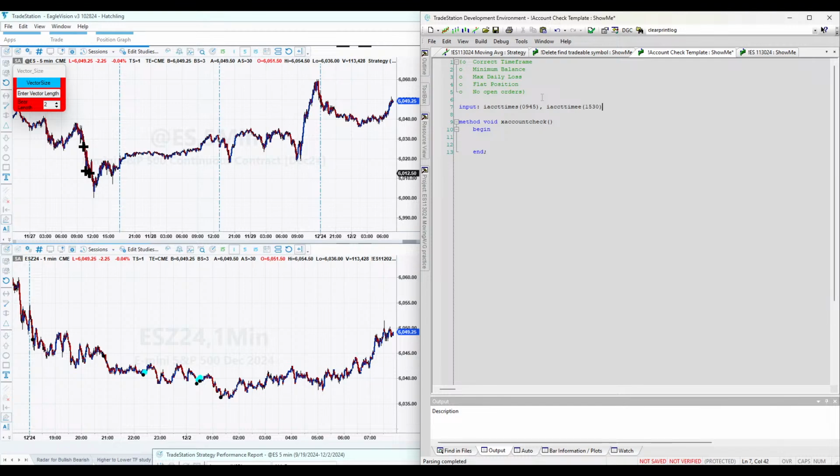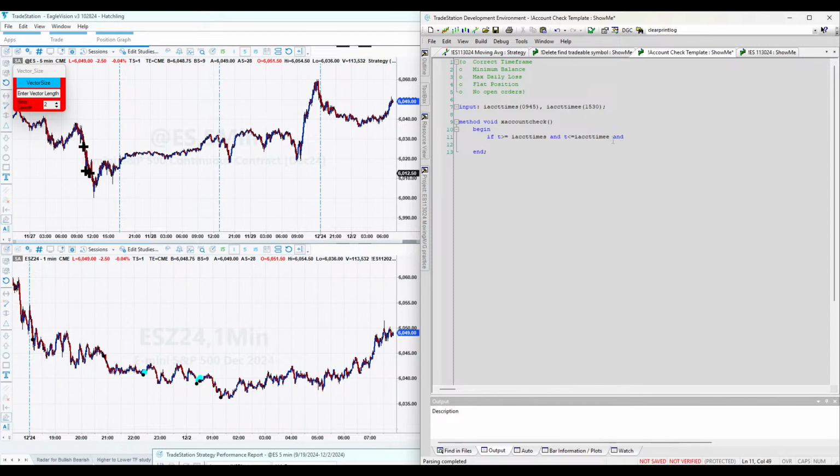And the time end, let's go 15:30. We're going to start there. So if time is greater than I account time start and time is less than or equal to I account time end, then, tell you what, I'm just going to make this a running condition, like a running chain.